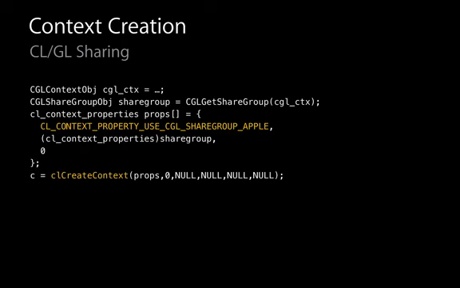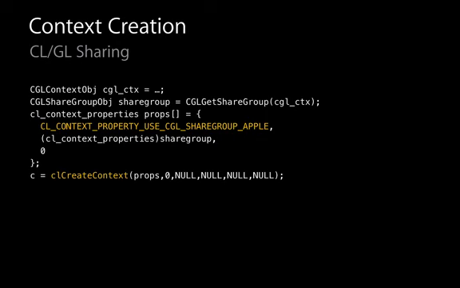Now, if we were in an application that was going to do some OpenCL and some OpenGL, and those operations were going to interact with each other, I'd want to create a context in a slightly different way. So here, in that previous slide, I had already set up my NSOpenGL view, and then I would obtain the context object from that NSOpenGL view, and then you can see here I'm using the CGL API to get the share group that is associated with that GL context.